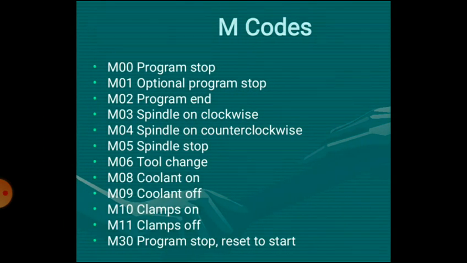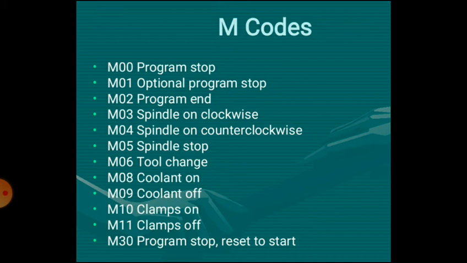M codes. M00, that is program stop. It will give a command to cancel the spindle and coolant function. M01, that is optional program stop. M02, that is program end. M03, spindle on, and it will rotate in a clockwise direction. M04, spindle on, anti-clockwise rotation.